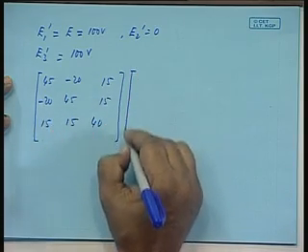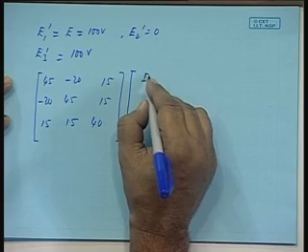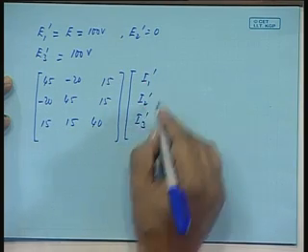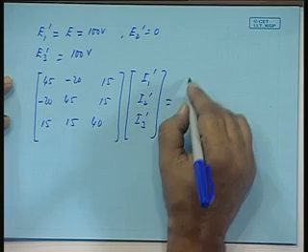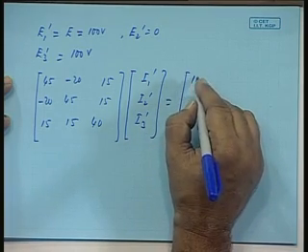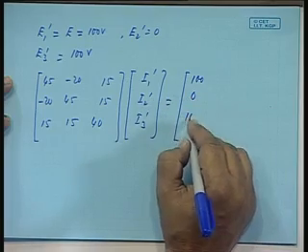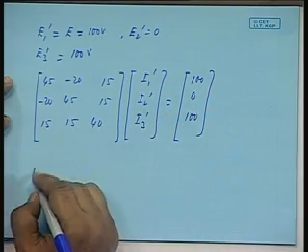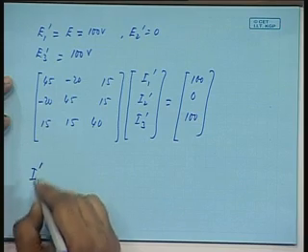This is that R matrix into I1 dashed, I2 dashed, I3 dashed. We get the voltage vector E dashed, which is 100, 0, 100. So, by applying Cramer's rule, you can solve for I1 dashed, I2 dashed and I3 dashed.